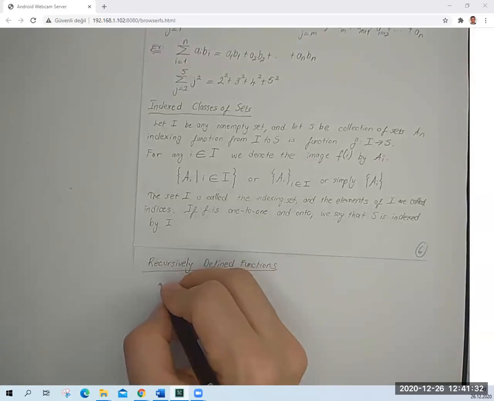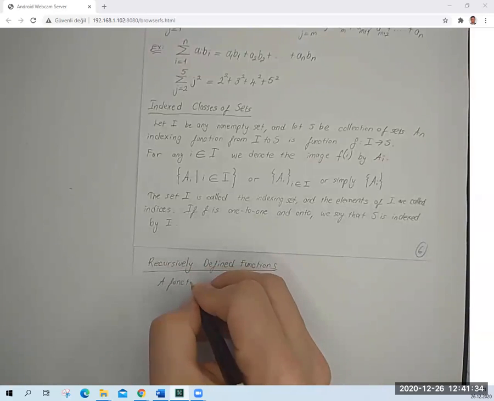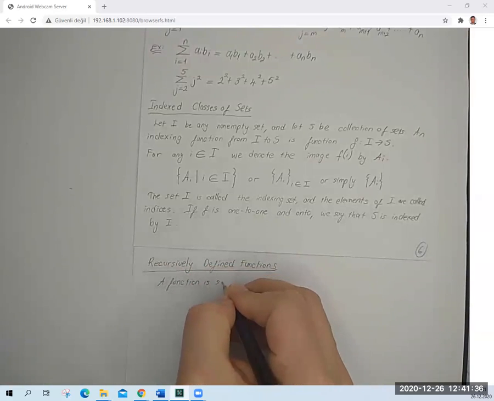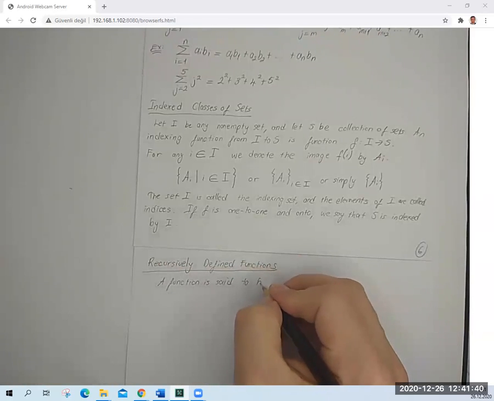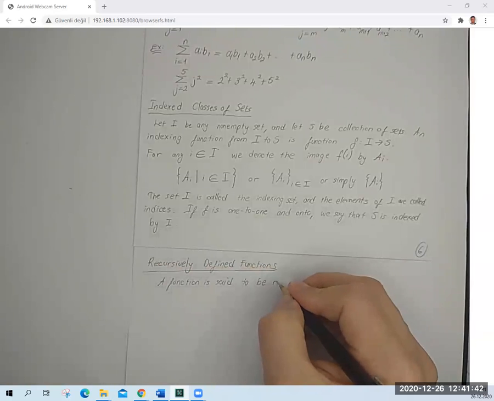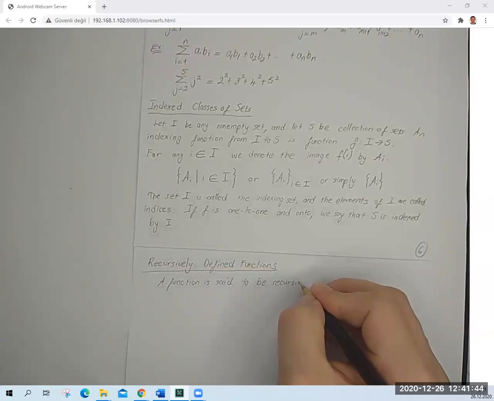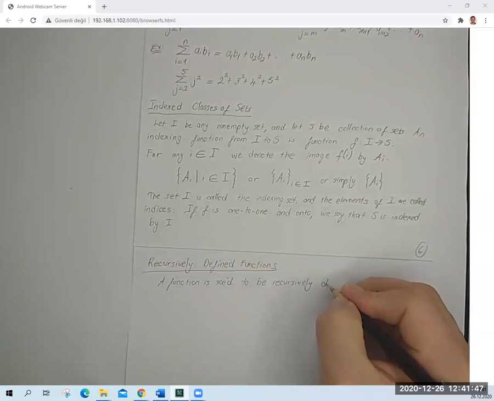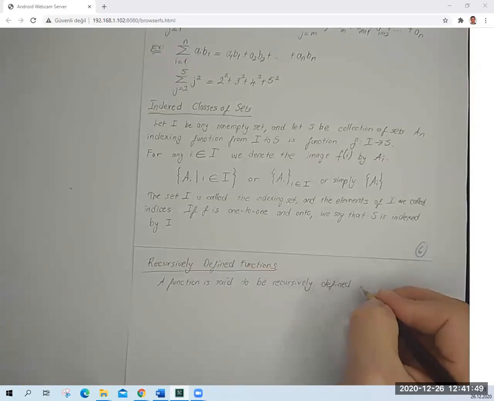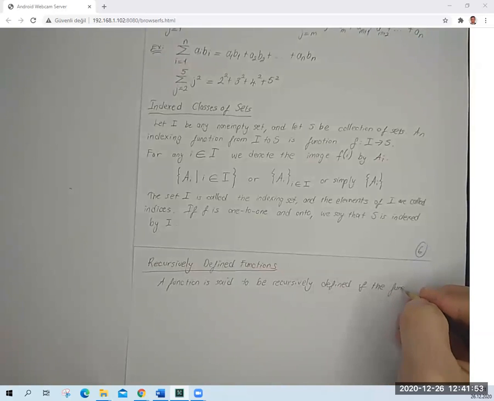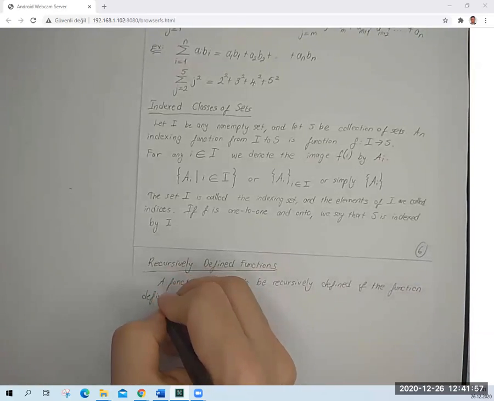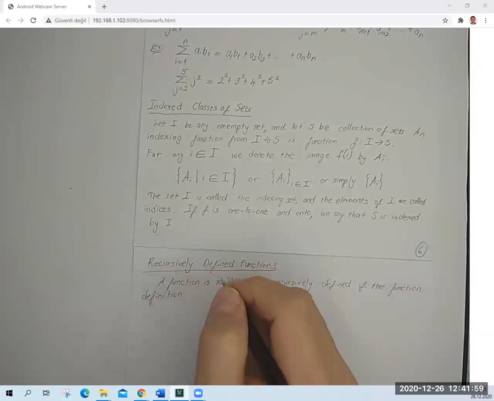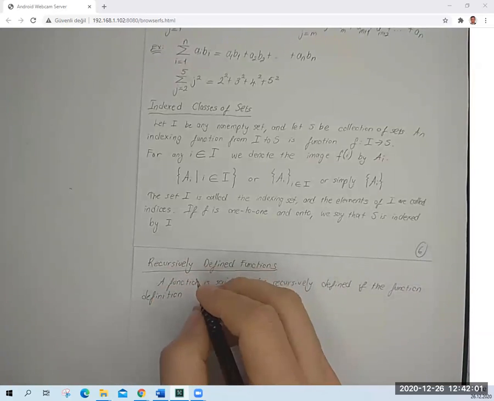A function is said to be recursively defined if the function definition refers to itself.